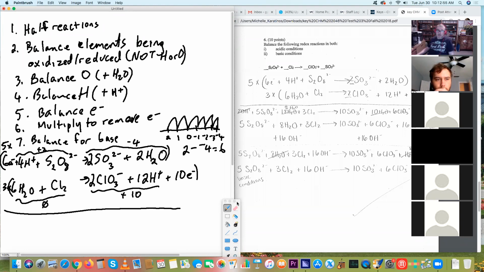But the trick here is that it's got to be the same number of electrons transferred. So the number of electrons given away has to be equal to the number of electrons being received. Okay.